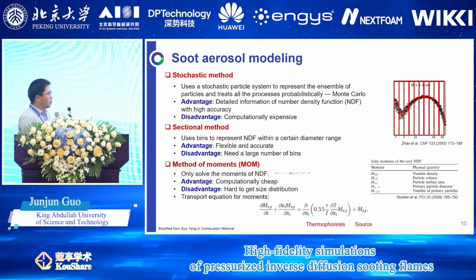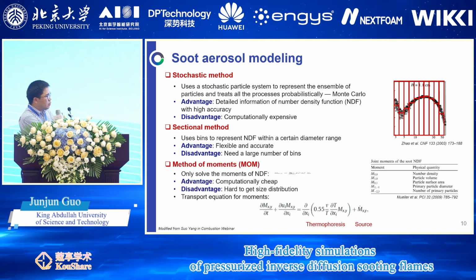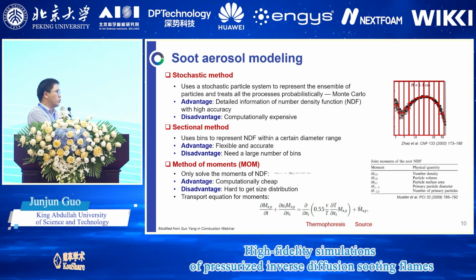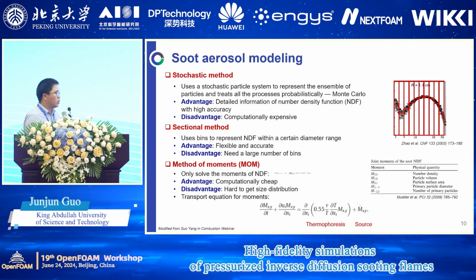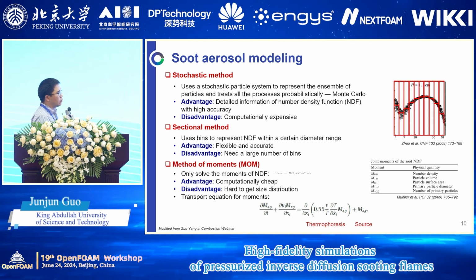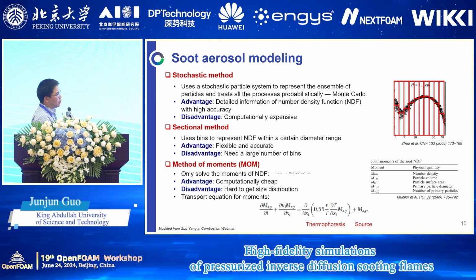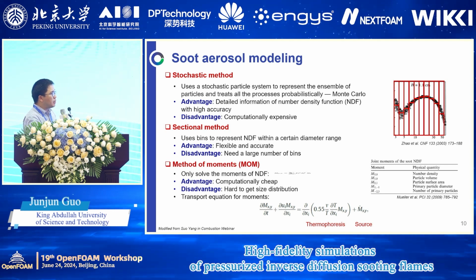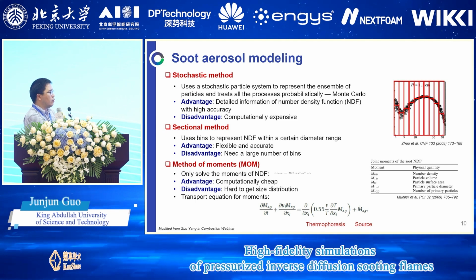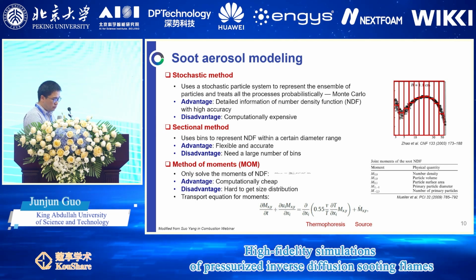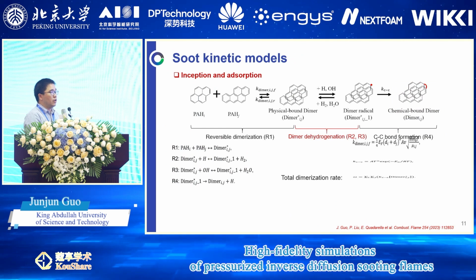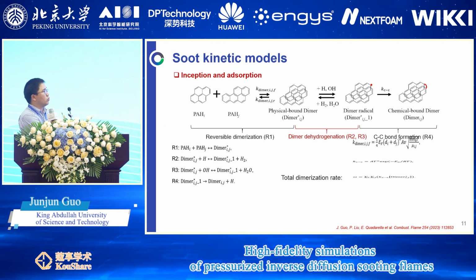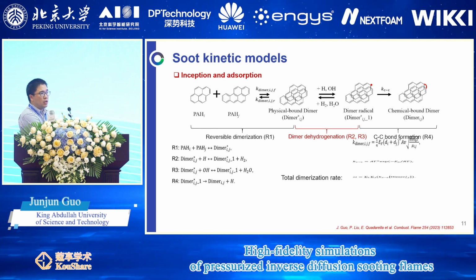So here we use the method of moments. In this model, instead of solving the number density function, we only solve the moments of the number density. So we get some statistical parameters for the soot quantity, for example, the number density, the mean particle diameter, the surface area and the volume fraction. And for the soot, we also need the soot kinetic model, including the inception, condensation, and the surface growth.